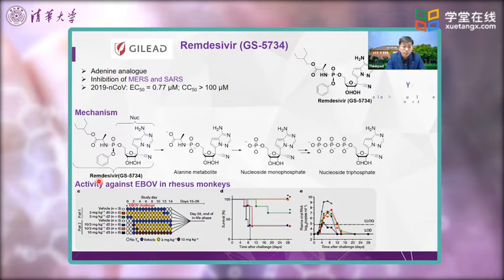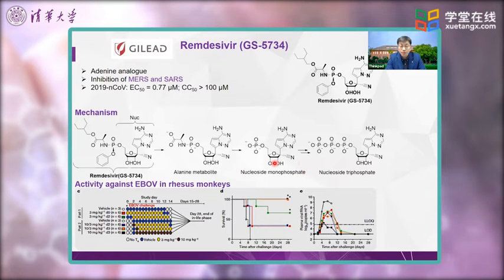First, remdesivir will be hydrolyzed by breaking the ester bond to get this alanine metabolite. Then the alanine metabolite will be converted into nucleoside monophosphate.